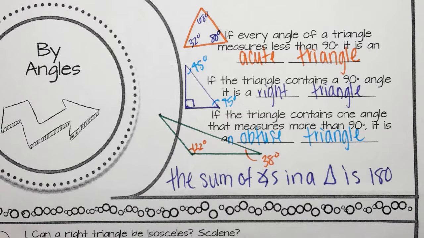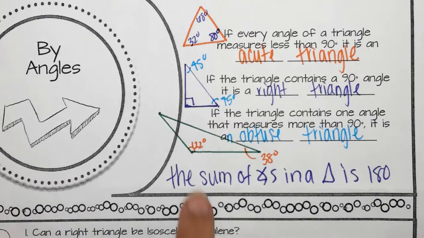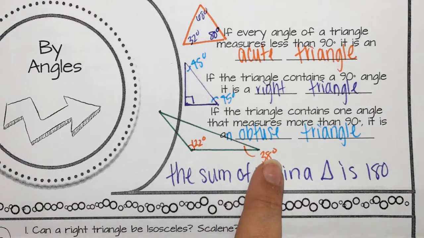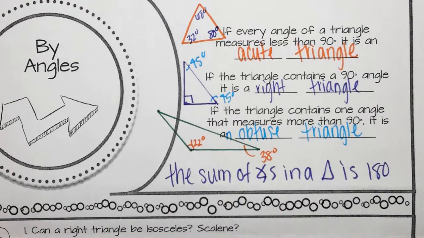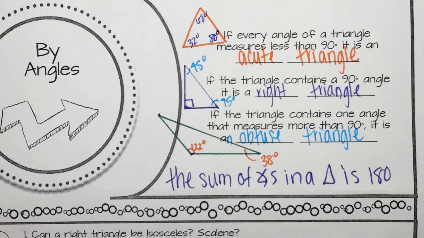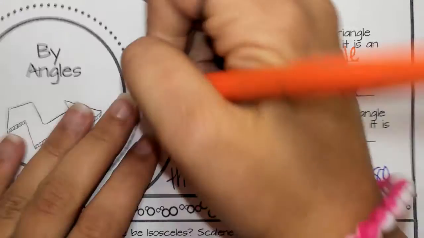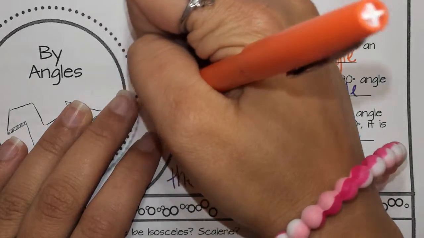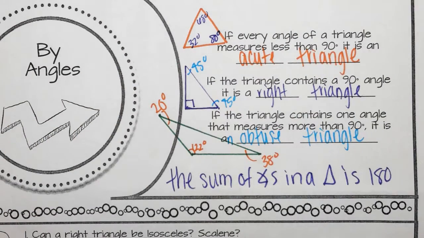Process means think. This says 122, this says 38. 20. Why? Because 122 plus 38 is 160, so it has to be 20. Yeah, 20. I just wanted us to breathe and process and not scream at me. I say 20.